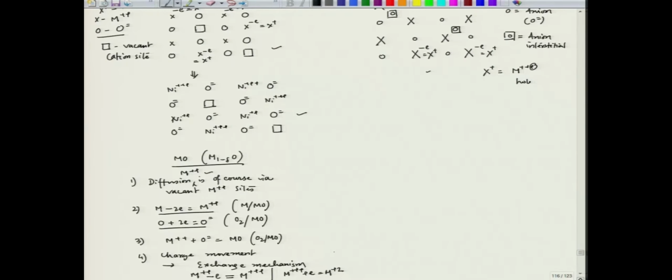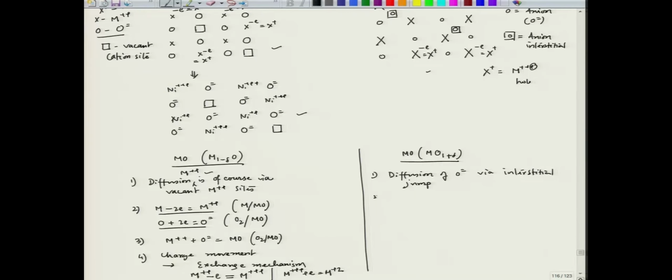Now, this is the case for metal deficient oxide, but for the metal oxide where it is metal oxygen 1 minus delta, sorry, 1 plus delta, which is the p type, in that case there is diffusion of O2, which is the anion, via interstitial jump. This will be happening on MO sites.